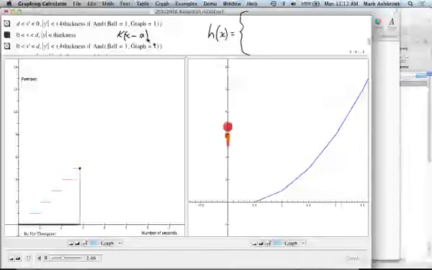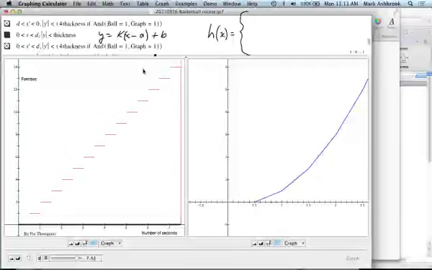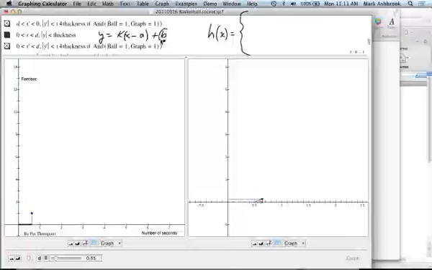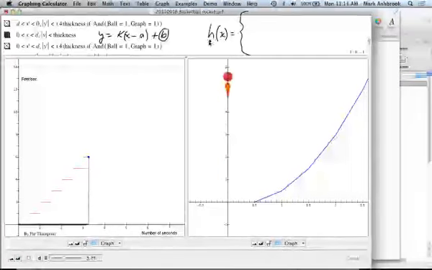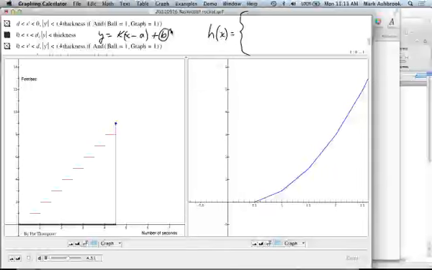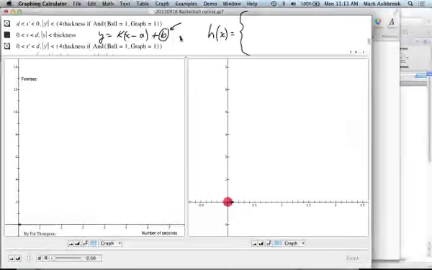Yep, we need the point slope form, right? Plus b. Each one will be one of those. And how will we get each b? It'll be h of where we left off before, right? It'll be the height that we left off at the end of the last interval.